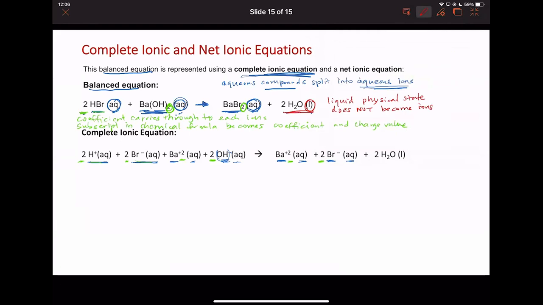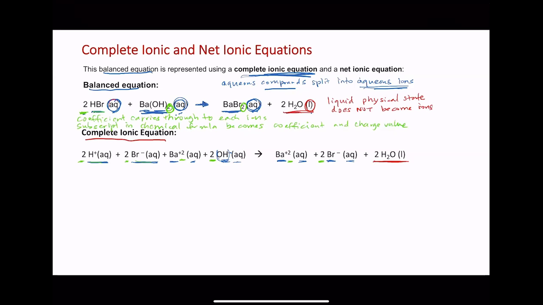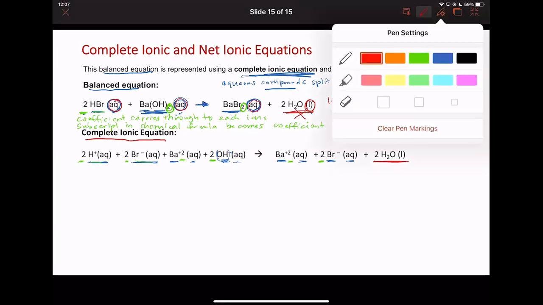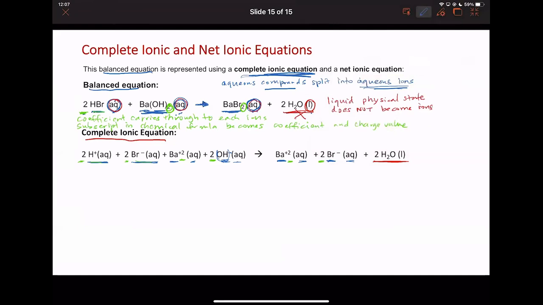So this 2H2O is copied exactly the same in the complete ionic equation. So for the complete ionic equation, you just take anything that has the AQ physical state, this one and this one, that breaks apart, but not anything that is not AQ, like a liquid or a solid or a gas. Okay. And so that takes us to the net ionic equation.